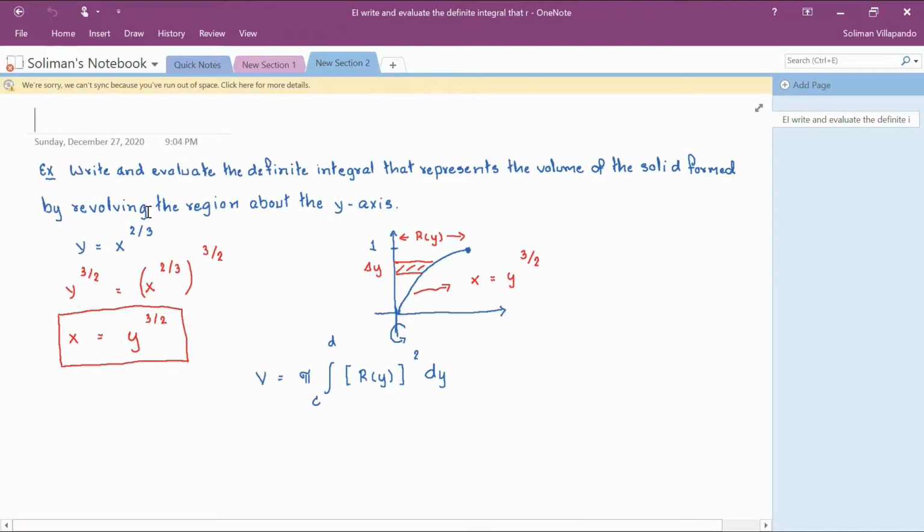Write and evaluate the definite integral that represents the volume of the solid formed by revolving the region about the y-axis.